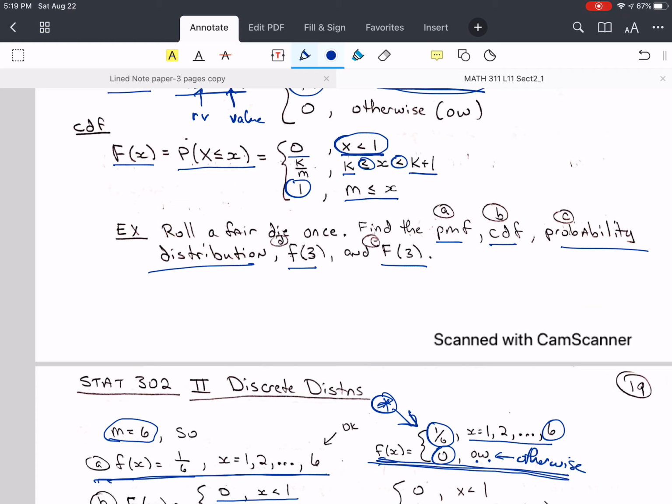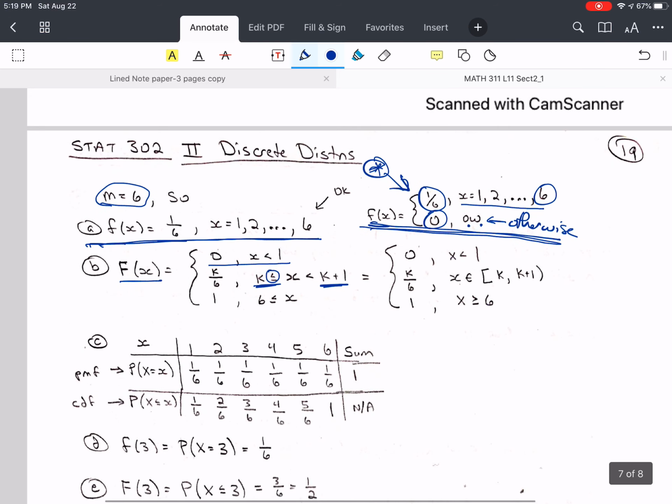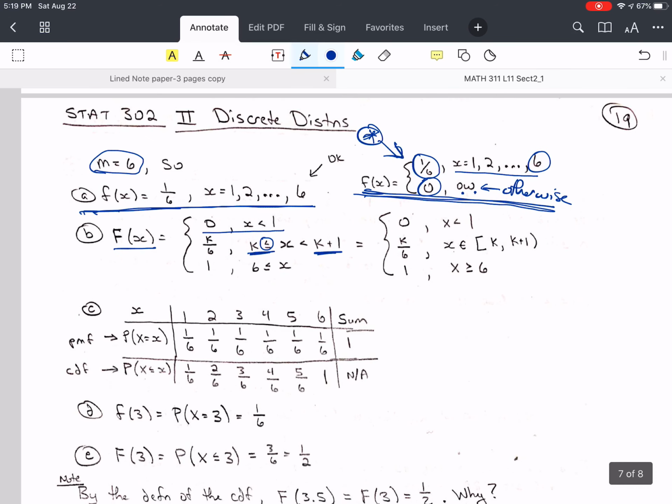Since we don't have any probability between k and k plus 1, this is simply the probability that x is less than or equal to k, all right? Or less than k plus 1. Those are equivalent. Okay, so think about that. Draw it out and think about it, and you'll see.